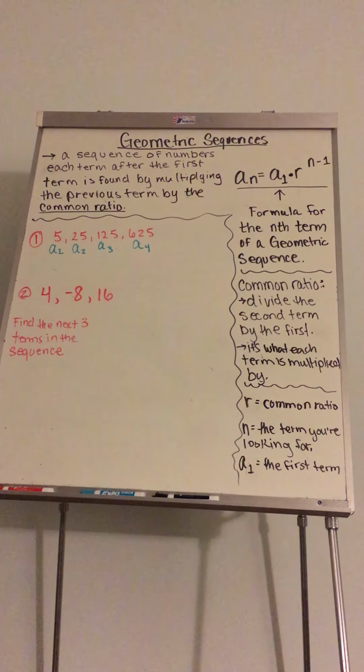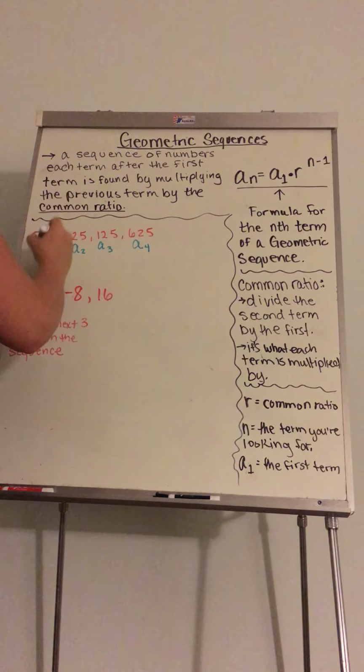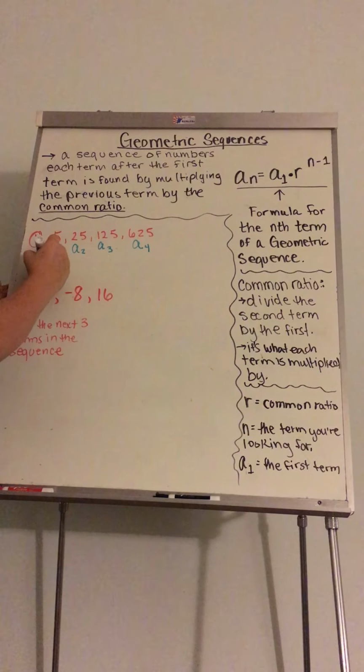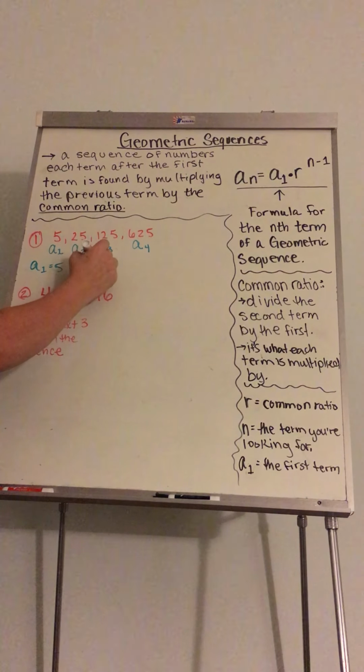But say for instance I wanted to find the 18th term, well, I would use this formula right here that says a sub n, which is the term I'm looking for, equals the first term, a1, times r, which is the common ratio, to the n minus 1, where n is the term you're looking for, okay? So for instance, a1 here is 5, and r is going to be 5, right?